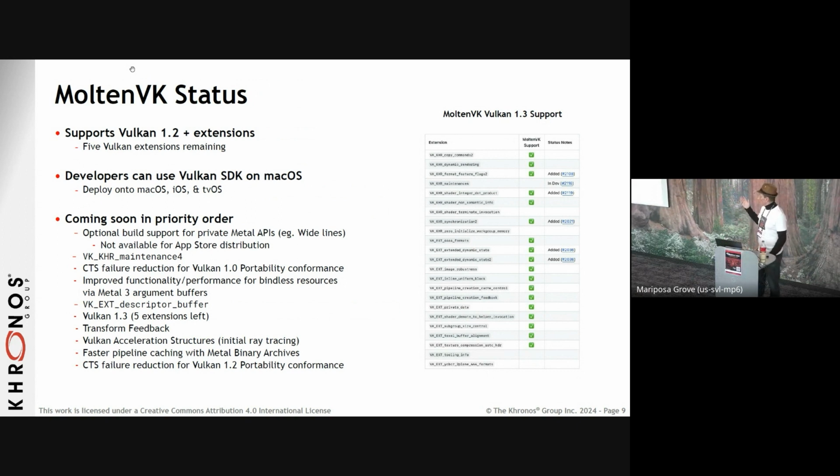So please, if anybody wants to pick off any of those, most of the things on the list on the left are open PRs. Come and have a look at them. For the Vulkan 1.3 support, it's just a matter of picking one of those off and saying, I'll take a stab at this.